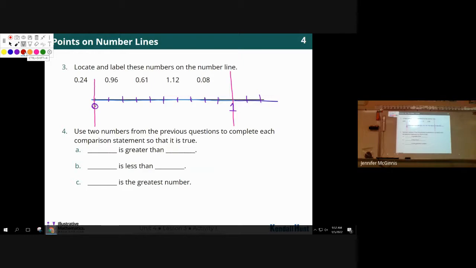Okay. So after the word, we should just extend the number line. 0.24, I think I get this. If 0.24 is right there, 0.25 is in the middle. You gotta go 1 back.